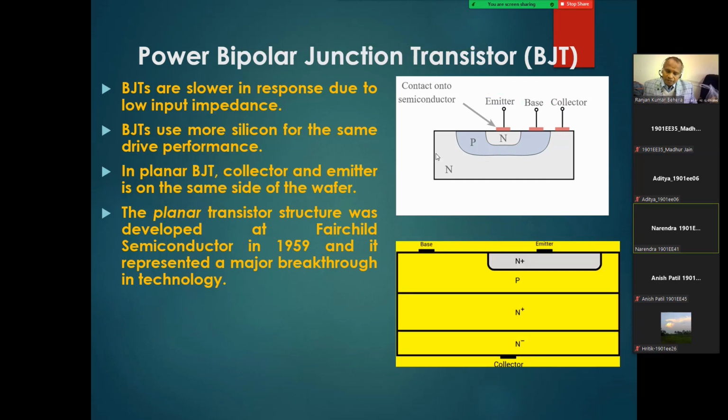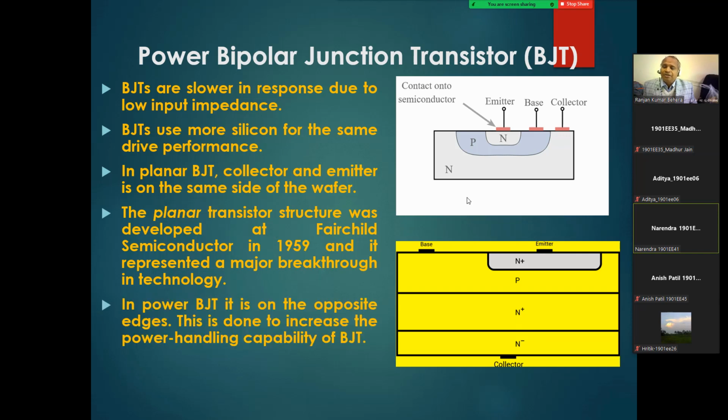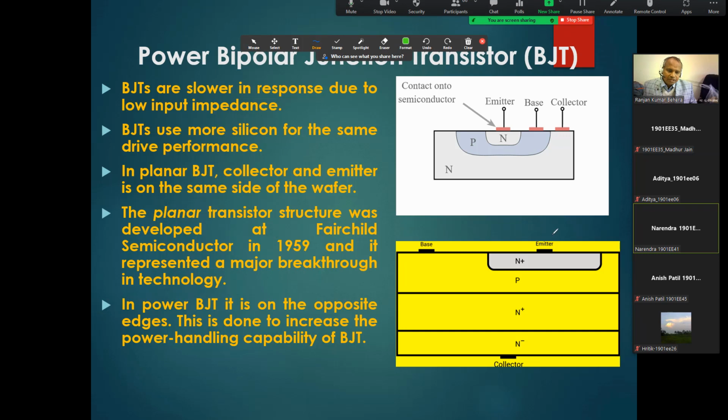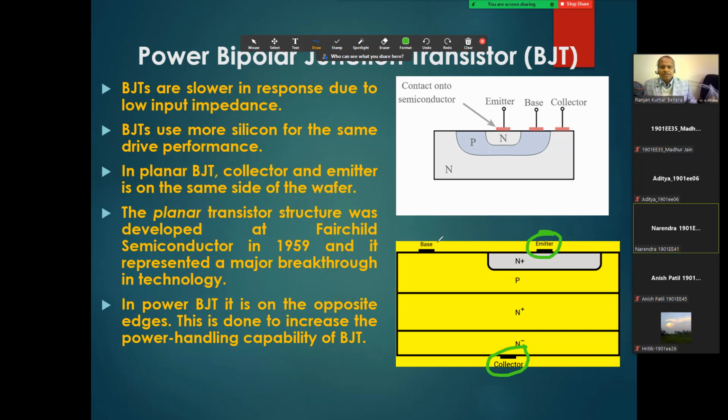The power structure was developed differently. You can see here the emitter and collector are in the opposite direction. Here is your emitter and here is your collector. Why is this there?